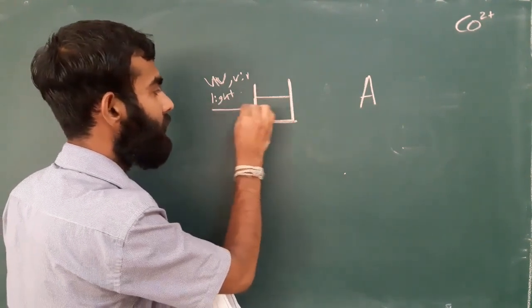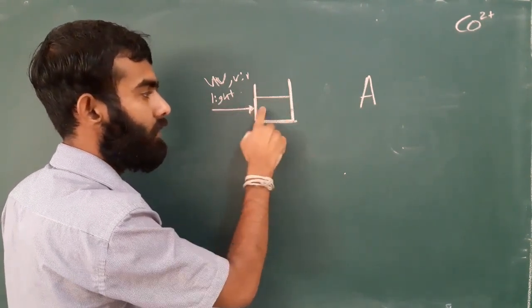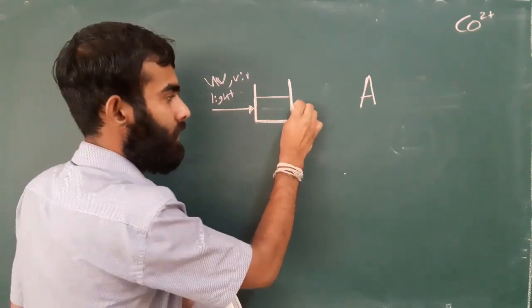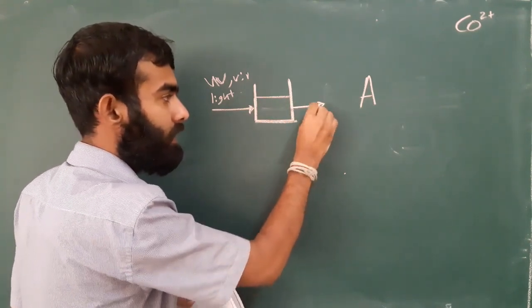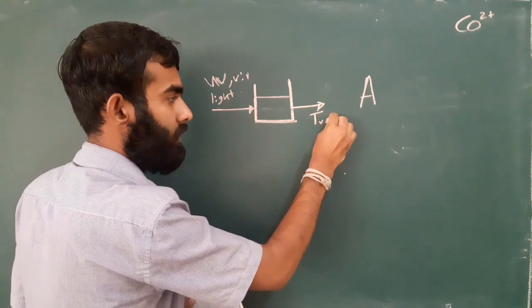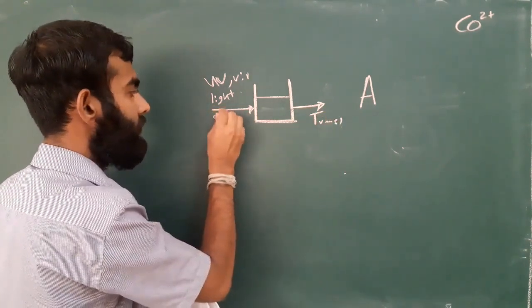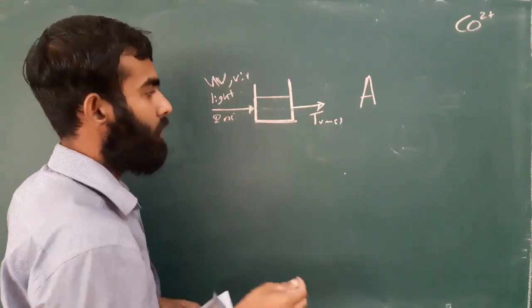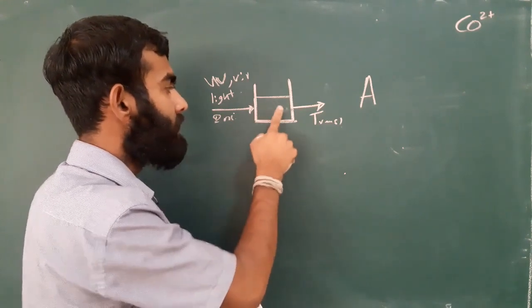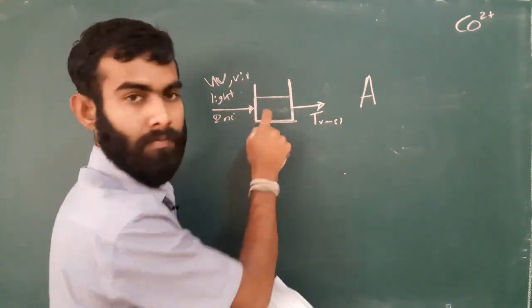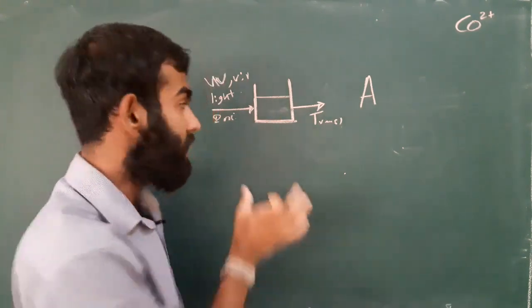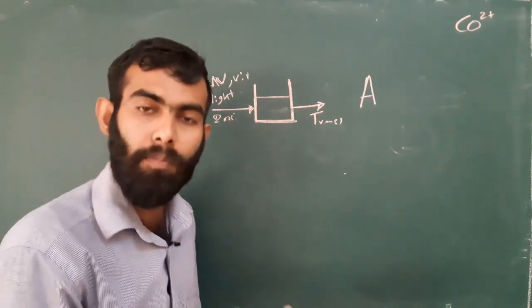If the incident light goes through this solution, there may be a transmitted light. Here is the incident light. However, some of the radiation from this incident light will be absorbed by the solution.